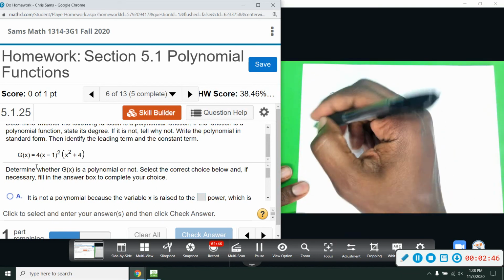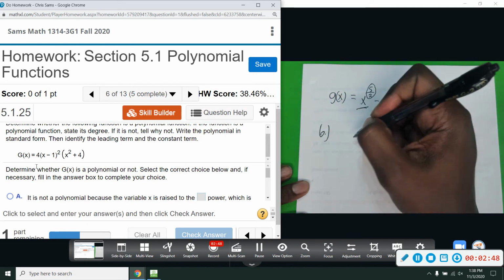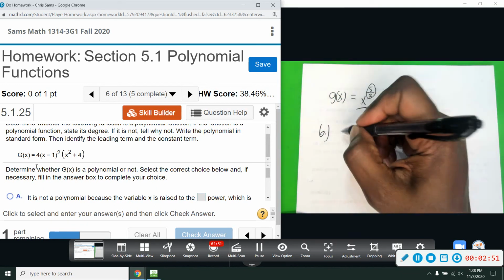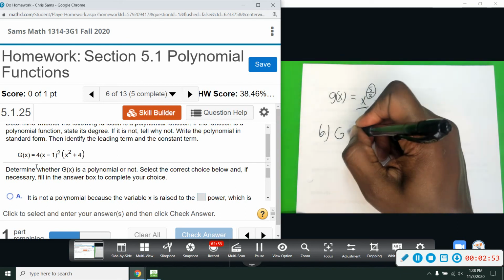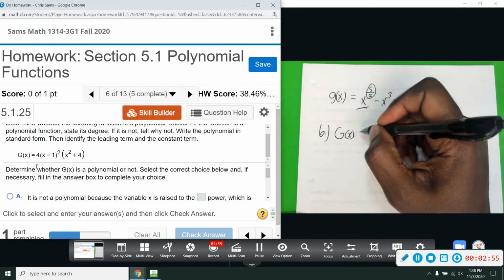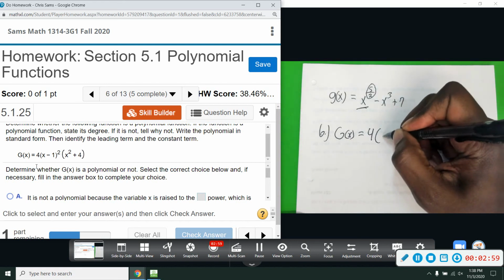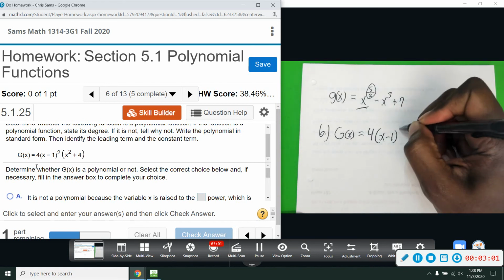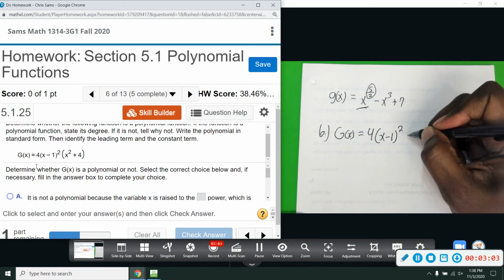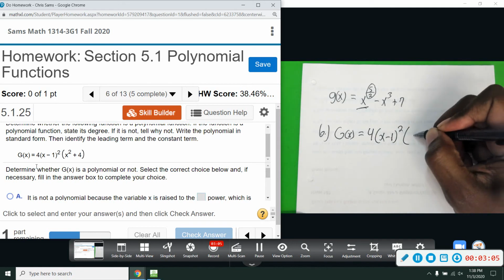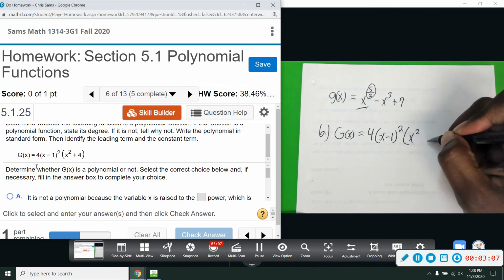All right, so number 6. We have g(x) is equal to 4 times the quantity x minus 1 squared, and then times x squared plus 4.